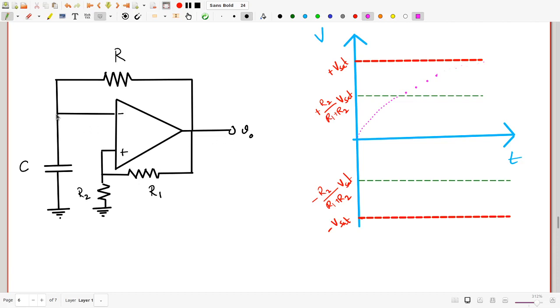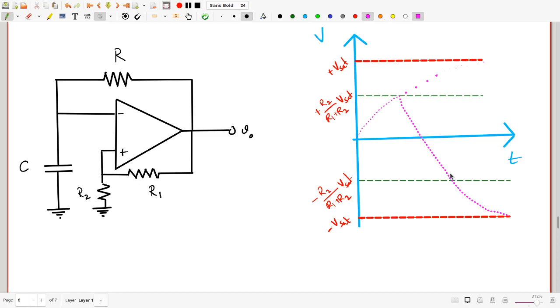The capacitor, which is at the upper trip point voltage, is now connected to a negative voltage on this side. So it starts discharging towards minus Vsat. So it will actually try going this way. Of course, this is an exponential curve. You have to assume that what you're seeing on the screen is an exponential decay curve and not the crude thing that I have drawn.